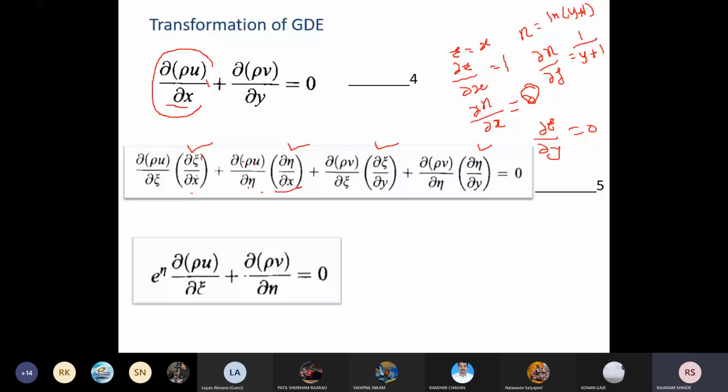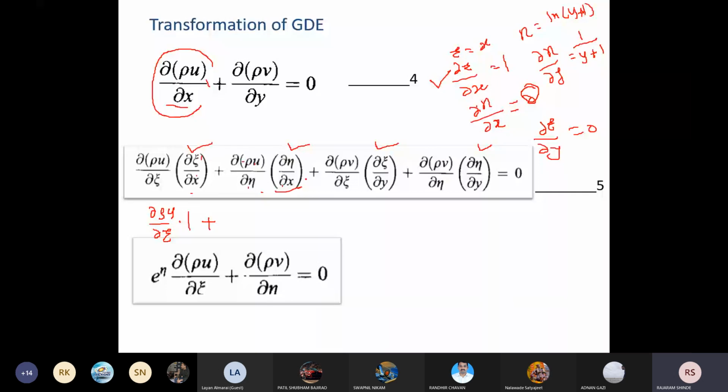Now how will this equation be written? Here it is ∂(ρu)/∂ξ into ∂ξ/∂x, and ∂ξ/∂x is 1, plus ∂(ρu)/∂η into ∂η/∂x, and ∂η/∂x is 0, so this whole term becomes 0, okay.